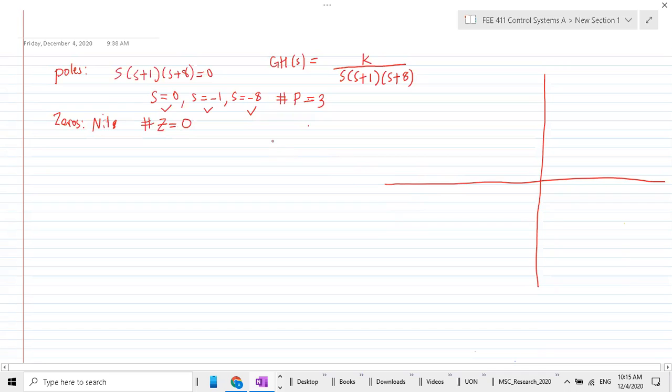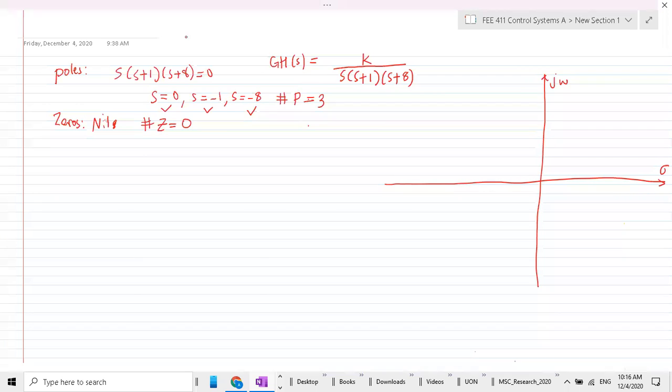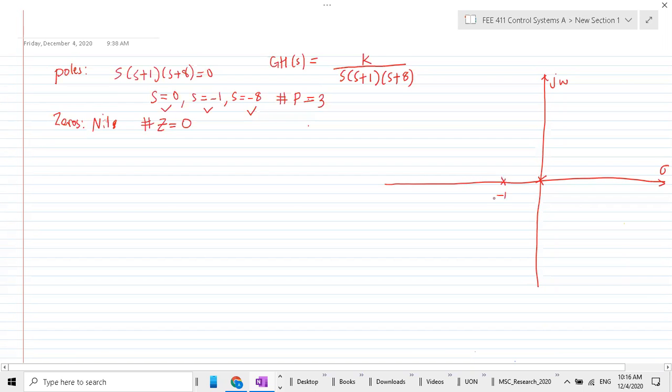After that, you indicate these poles and zeros on your axis. Normally you indicate a pole with an X. So at S equals minus 1, you say this is minus 1, and then obviously another one is minus 8.